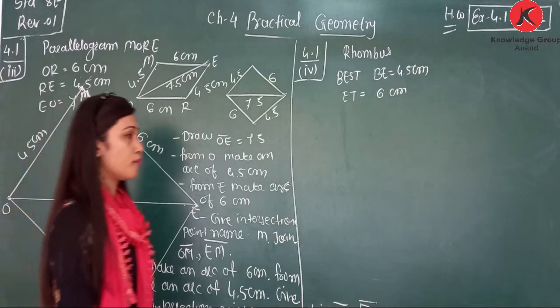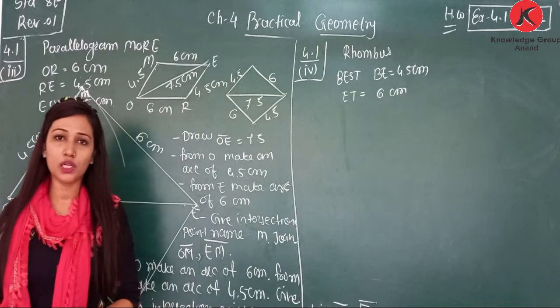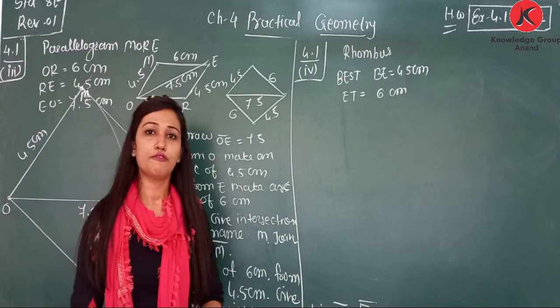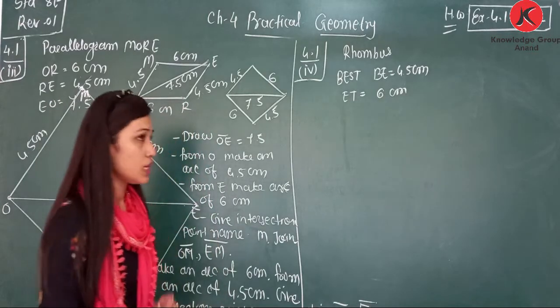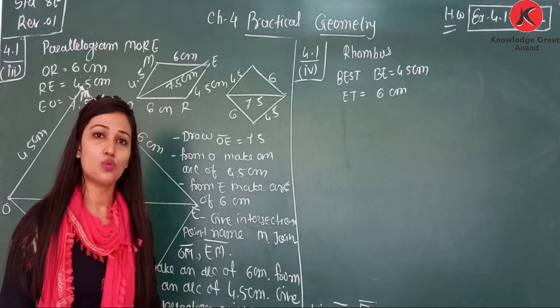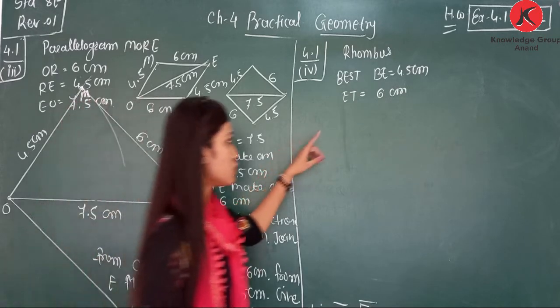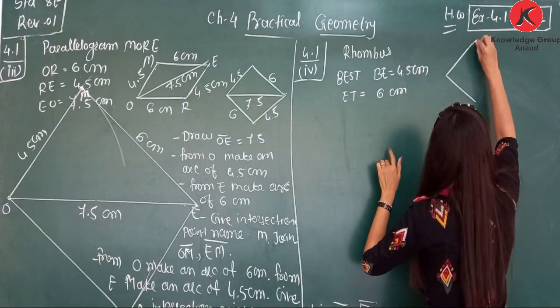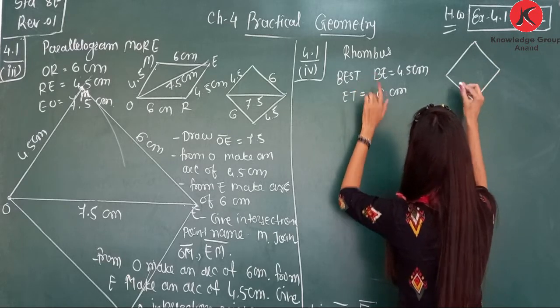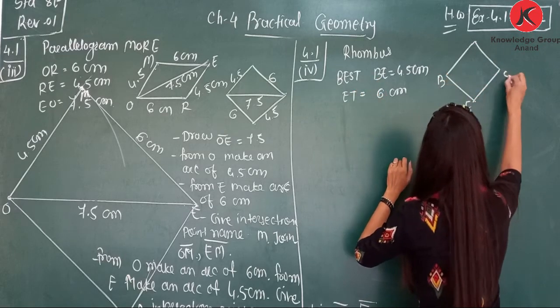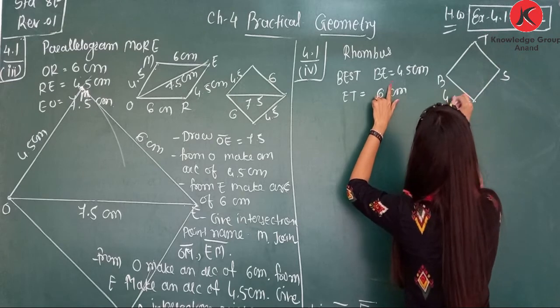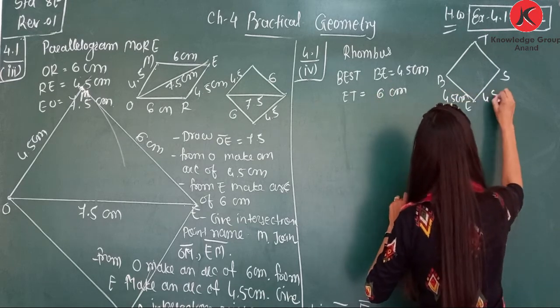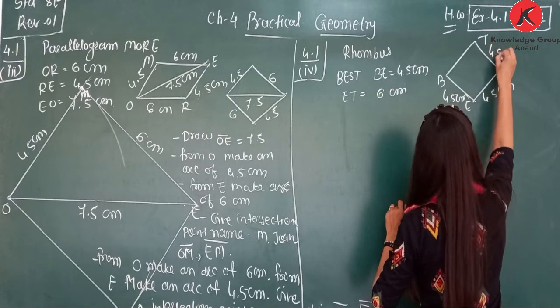Now next is rhombus. So what is the property of rhombus? In a rhombus, 4 sides are equal. So if one side is given, means we get all 4 sides. So let's draw a rough figure of this. Rhombus is given BEST. In that BE is 4.5, means all sides are 4.5 centimeter.